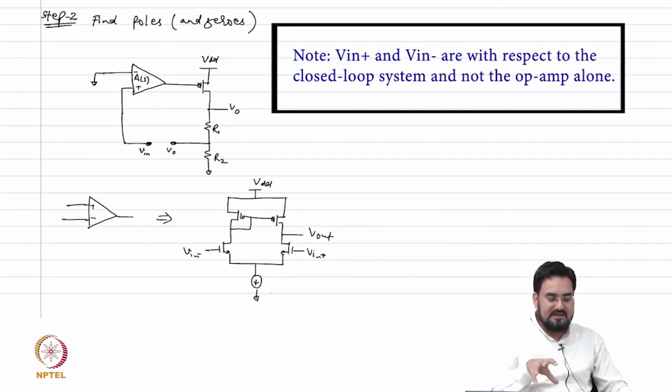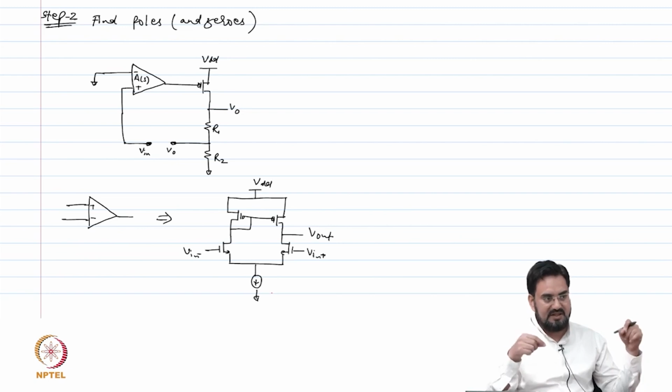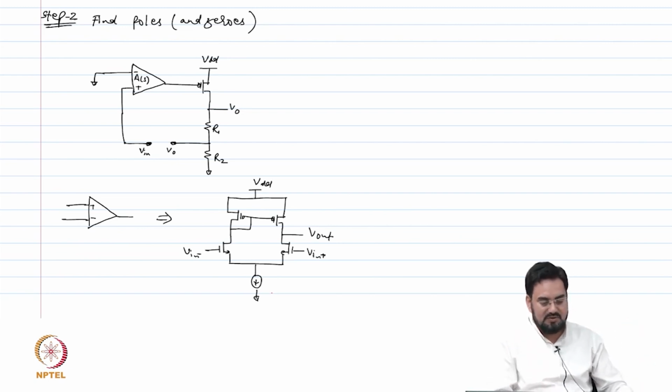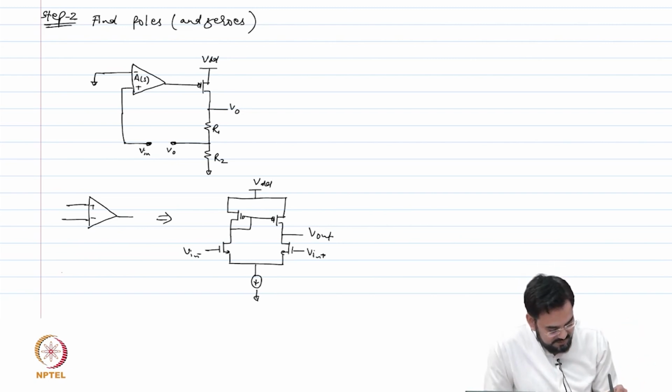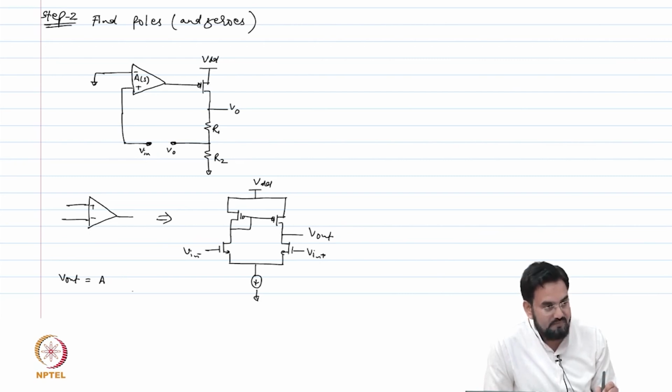So, this is nothing but a single stage differential amplifier, where it amplifies the difference between the inputs and produces the output. So, your V out will be gain times V in.